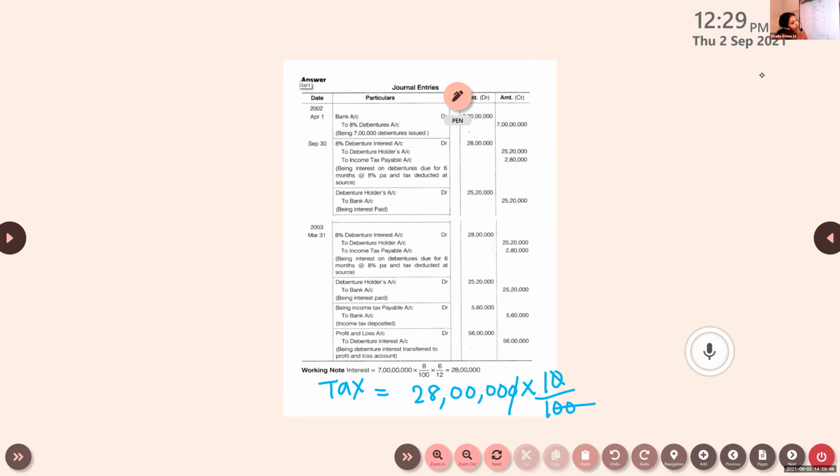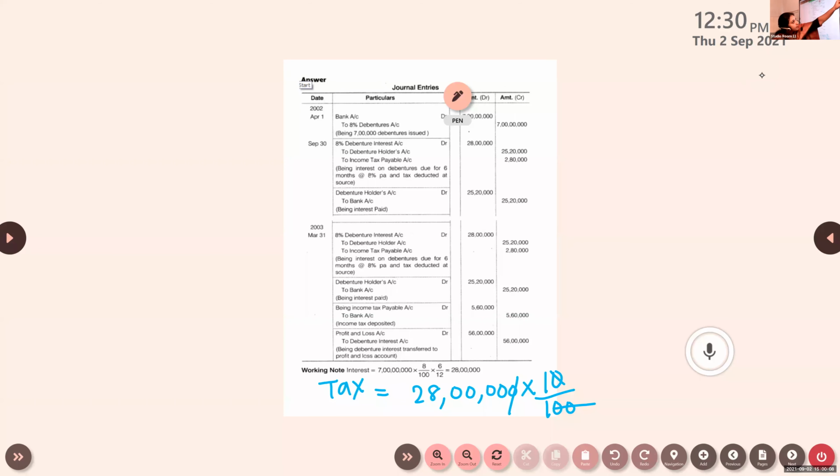If capital profits are available, did you find that statement? If there are capital profits, then we'll make use of the securities premium reserve account. If not, then we'll write it off from the profit and loss account.